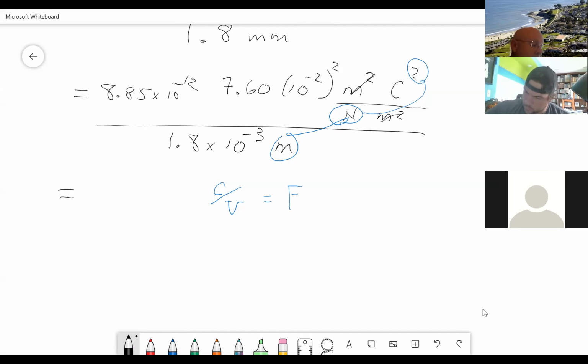Putting the numbers into my calculator: 8.85 times 10 to the minus 12, times 7.6 times 10 to the minus 2 squared, then divided by 1.8 times 10 to the minus 3 comes out to be 3.74 times 10 to the negative 12.